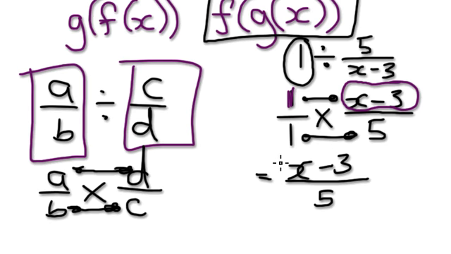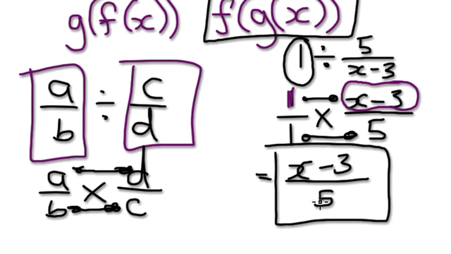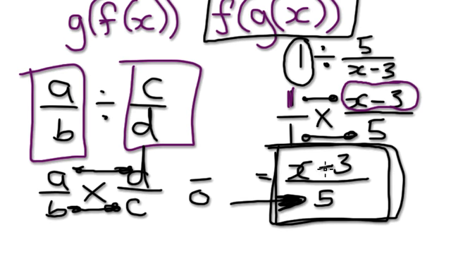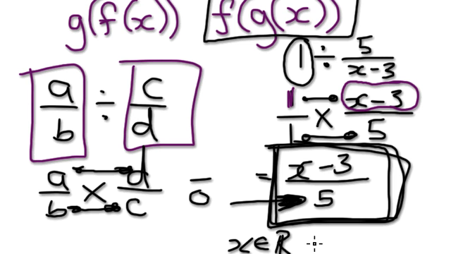So the question is, when is it that this thing breaks down? Well, a fraction breaks down when you have something over 0, but the denominator here will never be 0. So for this function here, you can have x belonging to the real number line. You can have anything on the real number line, and this machine here will never break down.